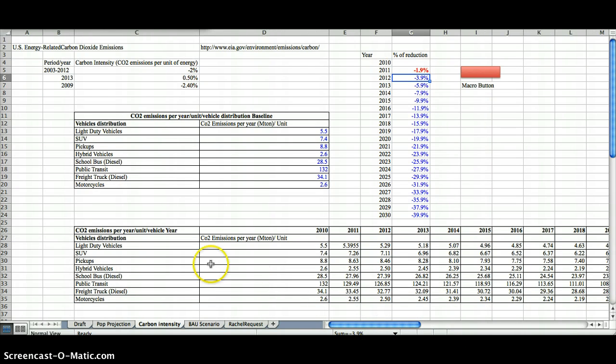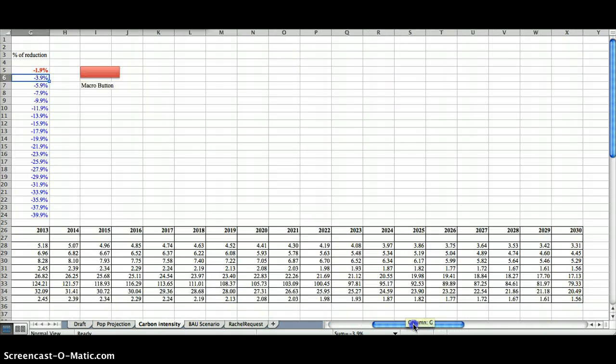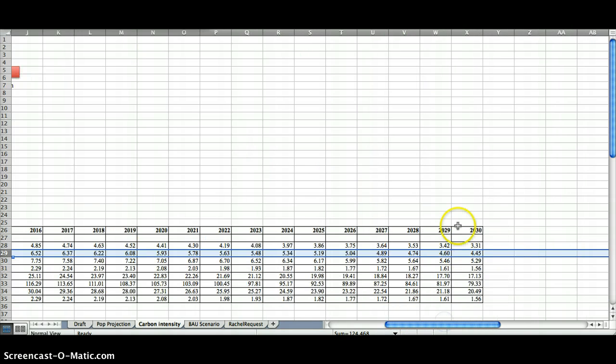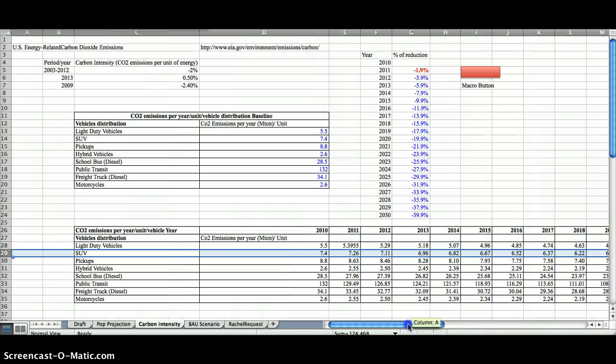So we can notice, for example, SUVs in 2010 are 7.4 tons of CO2 emissions per year, but according to the improvements in technology, SUVs in 2030 are going to be 4.45, almost minus 40% of the initial values.